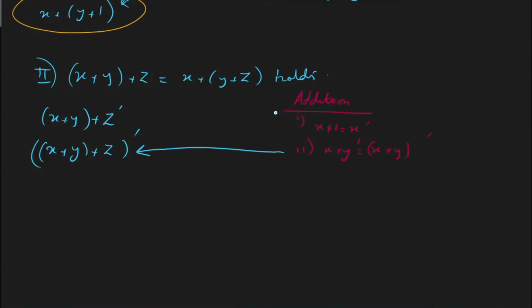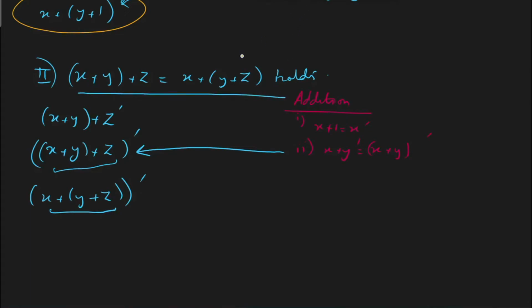And now can I expand the inside of it in such a way as to write it as x plus y plus z whole prime? I think I can, because if you remember that we have assumed that this part holds, right? And so this follows directly from this statement. And so I've expanded the inside of this parentheses here to this side, right?